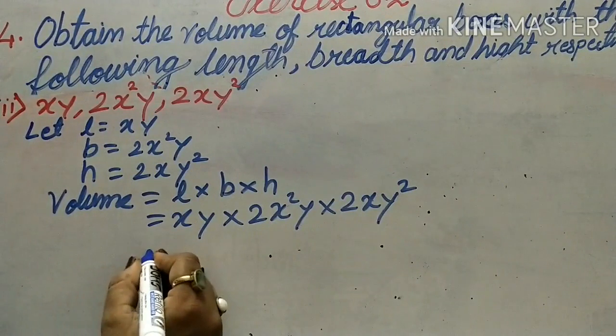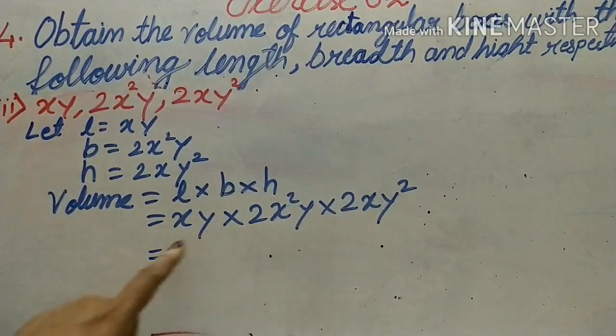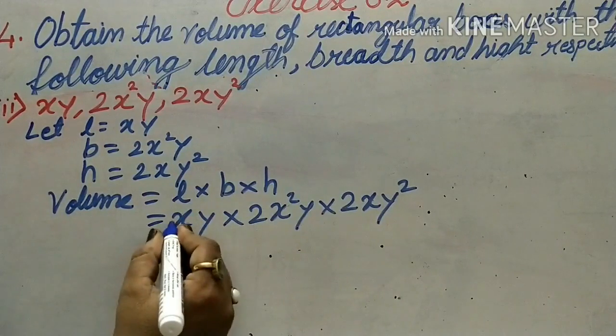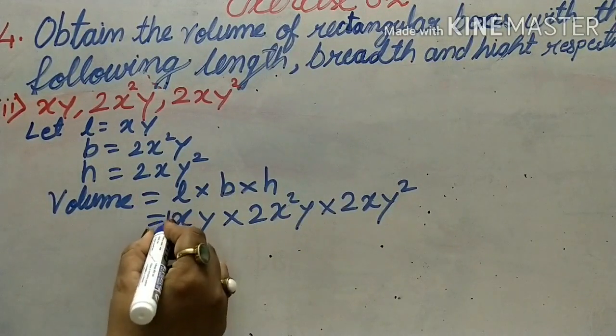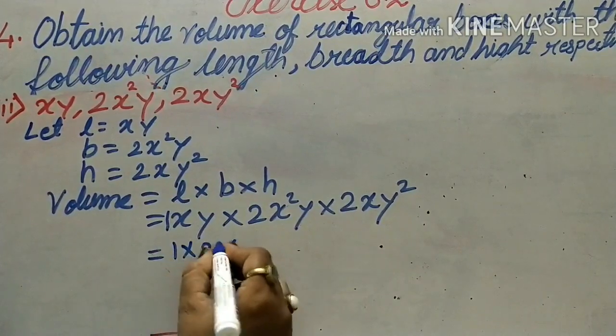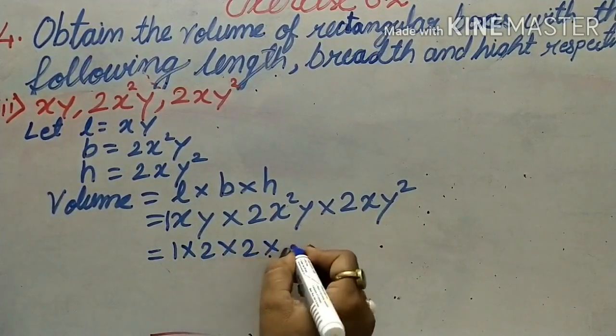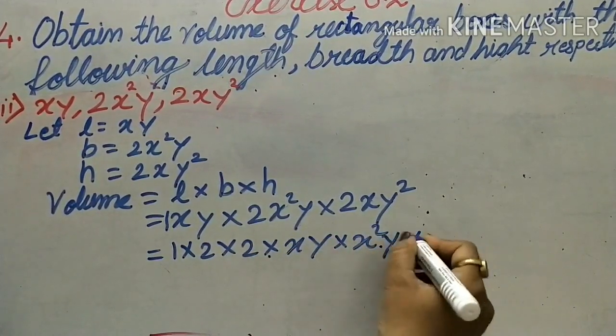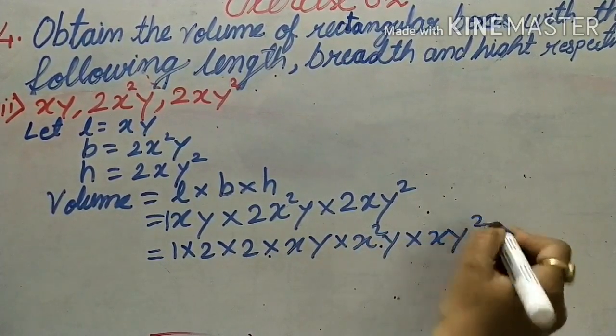So next step, we have to write all numerical coefficient one side and literal coefficient one side. Here no numerical coefficient means always we have to consider it as 1. So 1 into 2 into 2. Next xy into x square y into xy square.